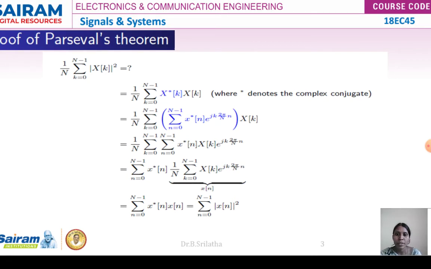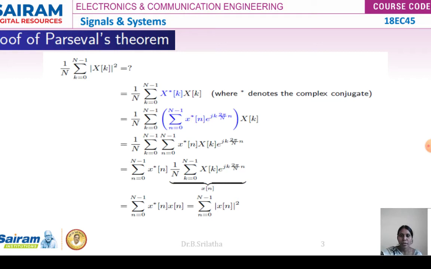We know that X star of k can be written as summation n equals 0 to N minus 1 of x of n e power j k 2 pi by N into n.